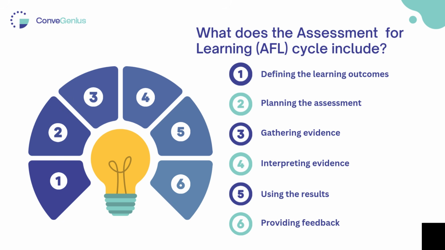Next, we start gathering evidence through observation, questions, student work, discussions, and quick activities. We then interpret that evidence to understand what students have grasped and where they need more help. The next step is using results, making decisions such as reteaching, giving additional practice, or extending learning for advanced students.